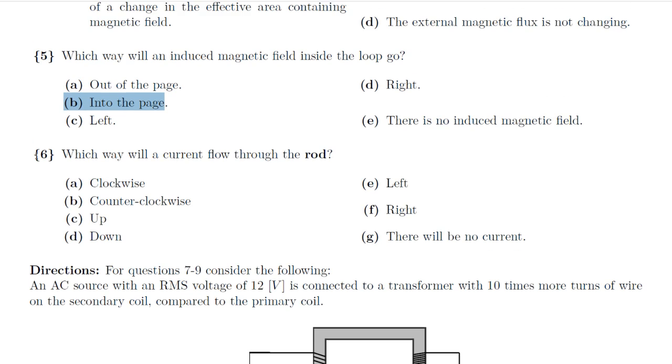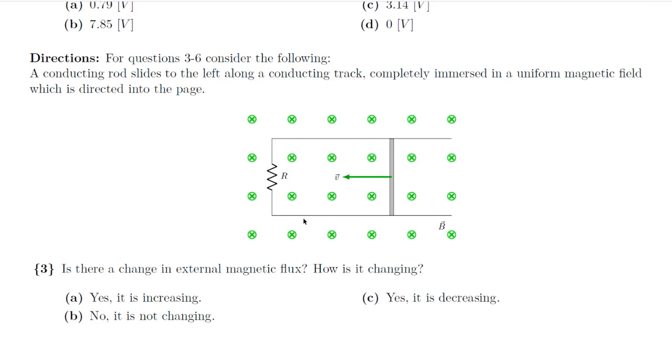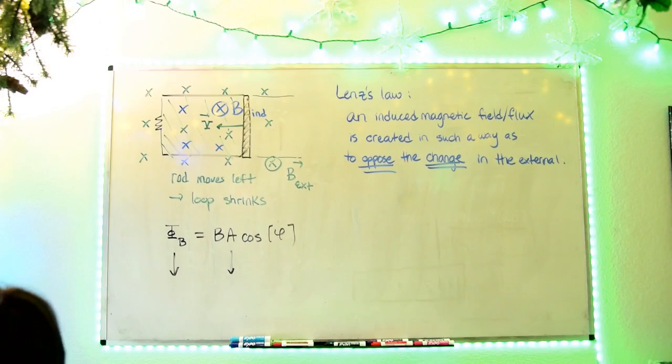Okay. 6 is the last step. So once you've solidified that, 6 is actually relatively easy. Which way will a current flow through the rod? So I'm asking you particularly through just the rod. So if you go back up to here, let me actually just go to my diagram because I already have everything on it.